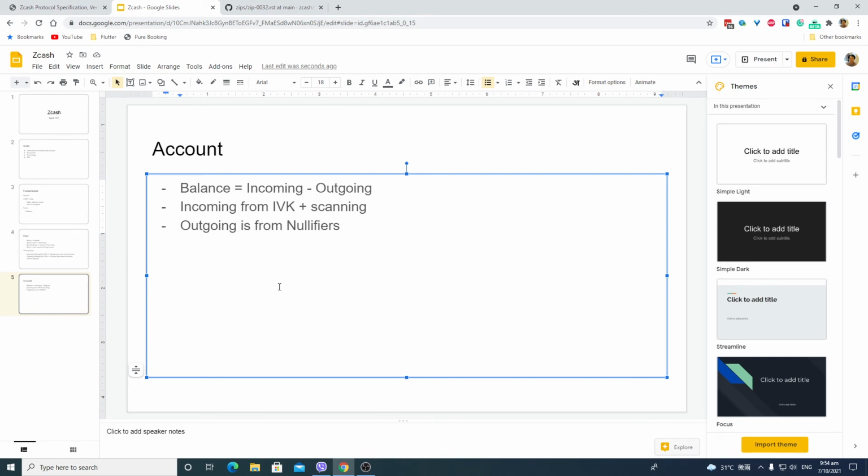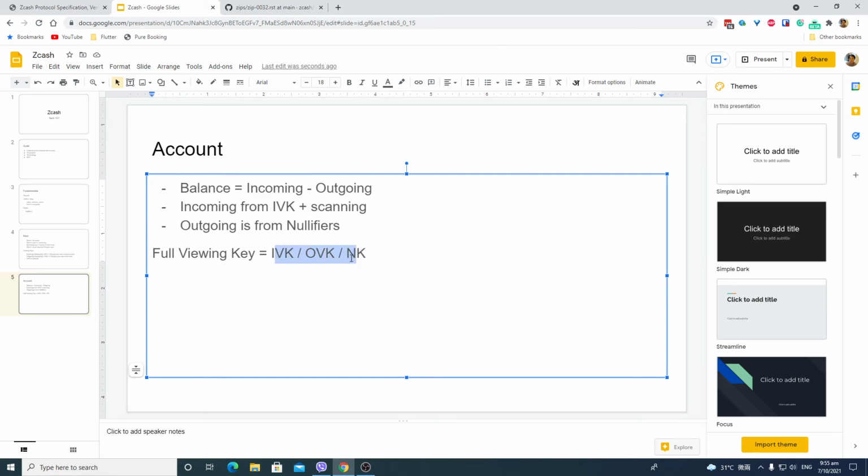So we forgot about that. The full viewing key is basically the ability to have IVK, OVK, and NK, right? All this stuff together is required for getting the balance.